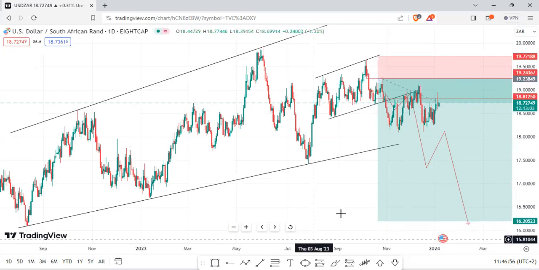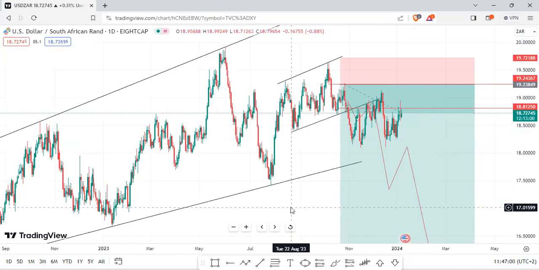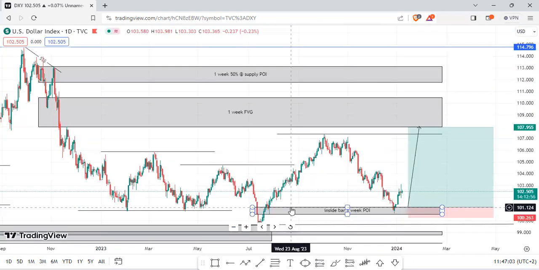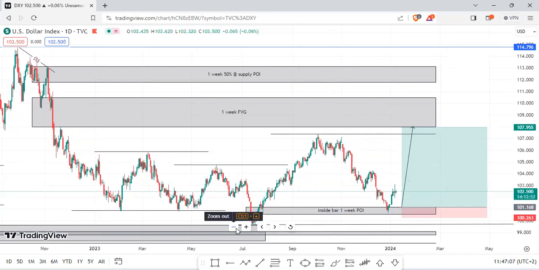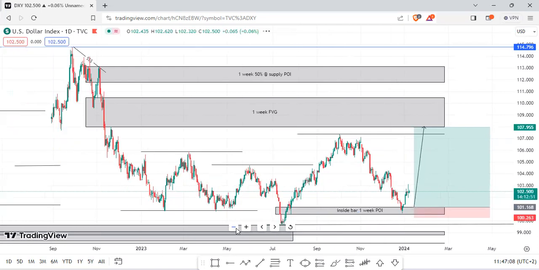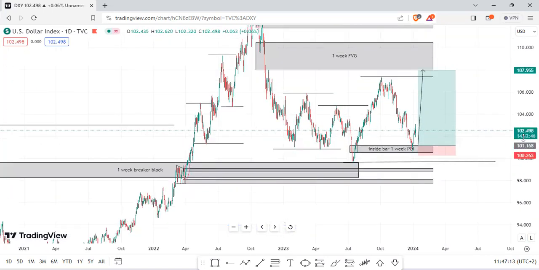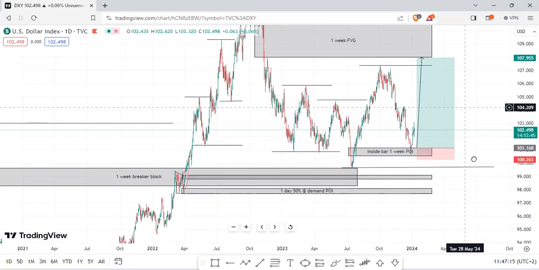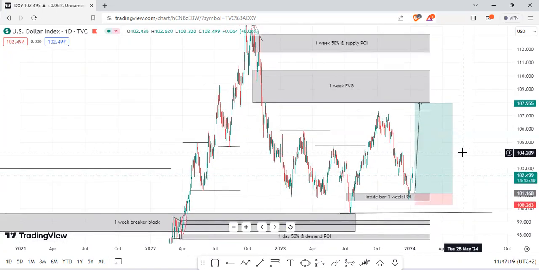But then nonetheless, let's go back to DXY. So yeah. Now this is my bigger time frame bias on the DXY. As you see, I do also trade price action.